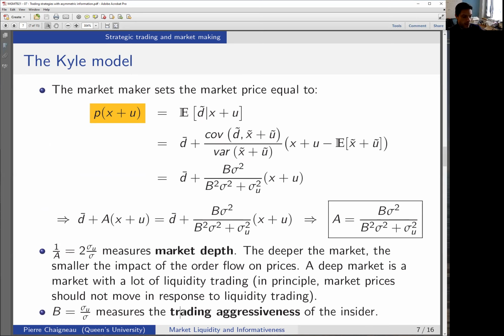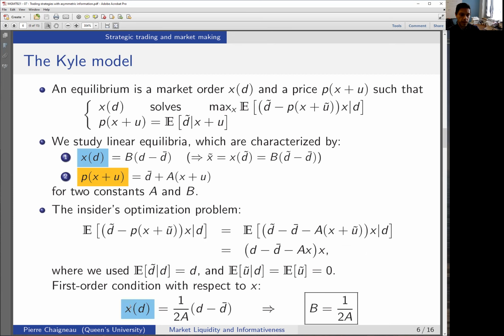Okay, and so what is B equal to? And here you can see in this model that B is directly related to the depth of the market. And the deeper the market, the more aggressively the insider will trade. Okay, so it makes sense. When trades barely move the asset price, the insider can trade a lot without moving the asset price much.